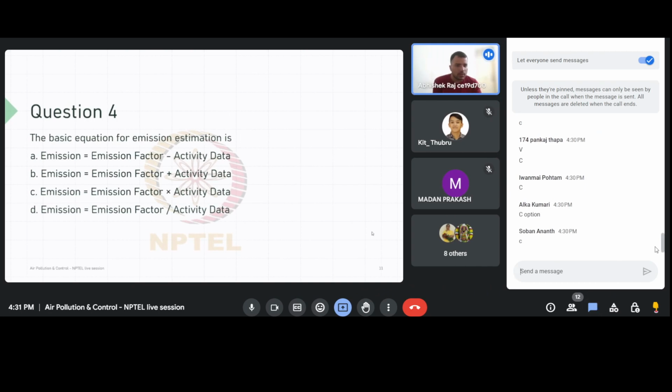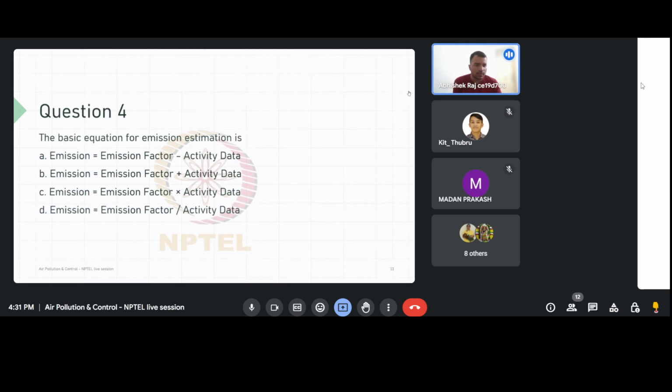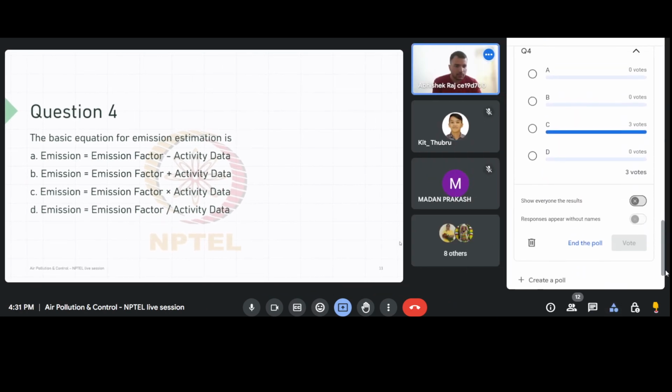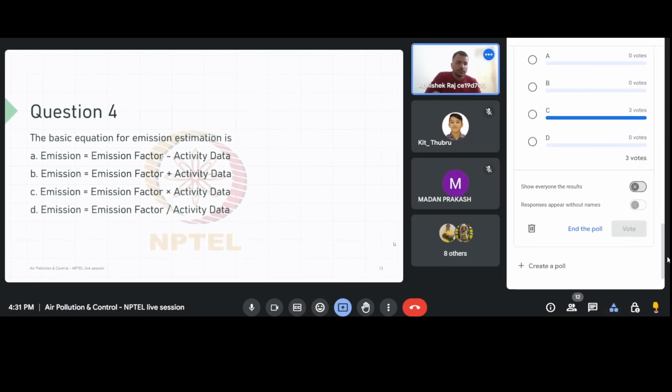I think everyone is saying option C here. I think it's clear. We'll see the answer.